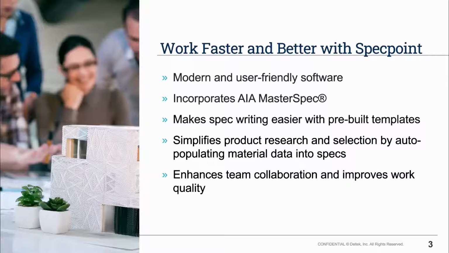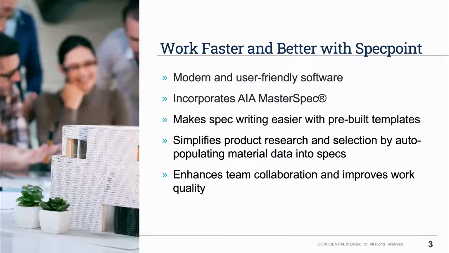We'll also talk about how we can make it easier to ensure that all sections coming from even other content sources or imported documents are aligned from a formatting perspective with templates that you can pre-build. Again, we'll be talking about the product automation and some of the research that's available to our users as they're preparing their specifications.